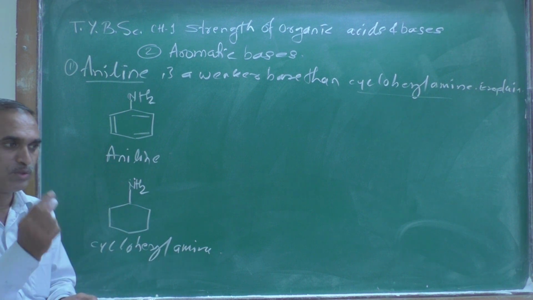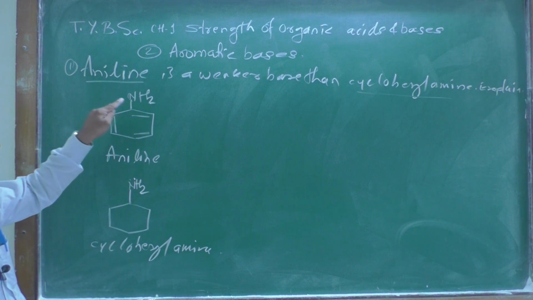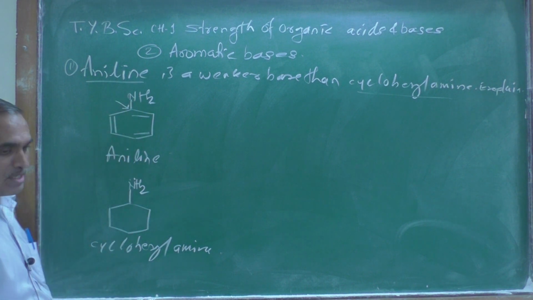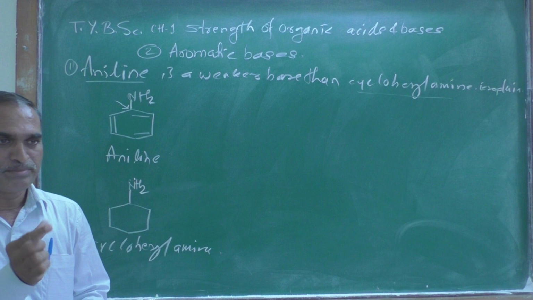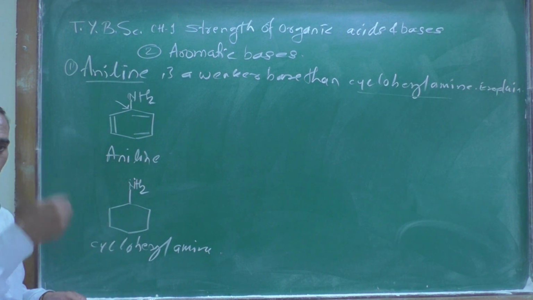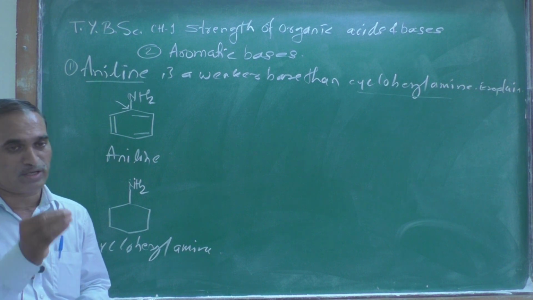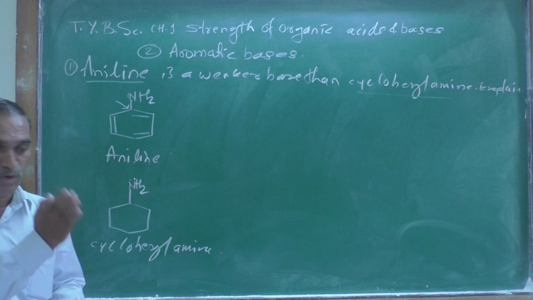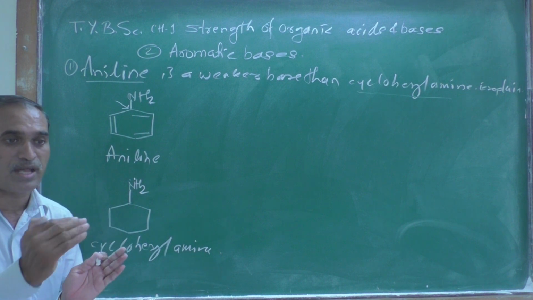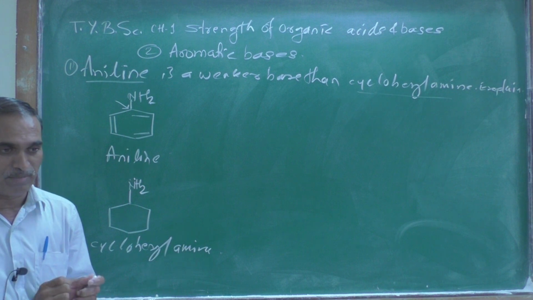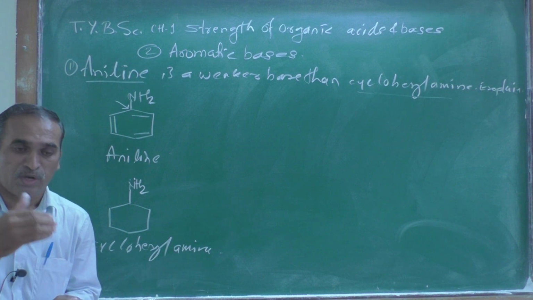First point to remember here, why aniline is a weaker base. Look at here, and as we know the factors affecting the strength of basicity, by considering all those factors, there are 5 factors I already mentioned while we started the strength of organic bases. That time I already told you.